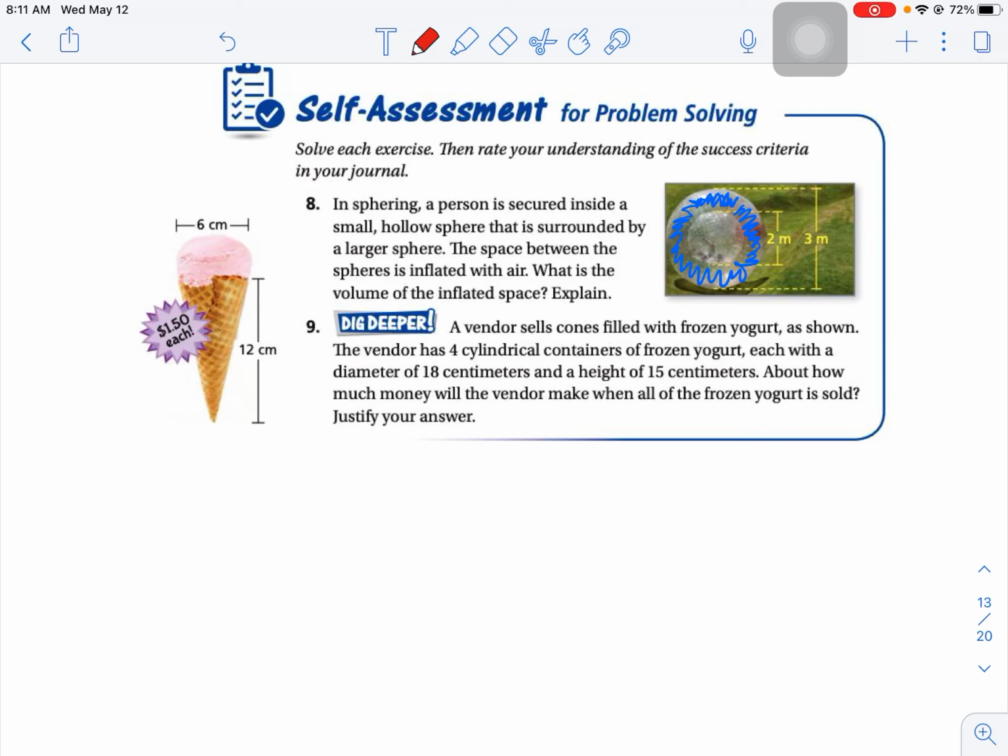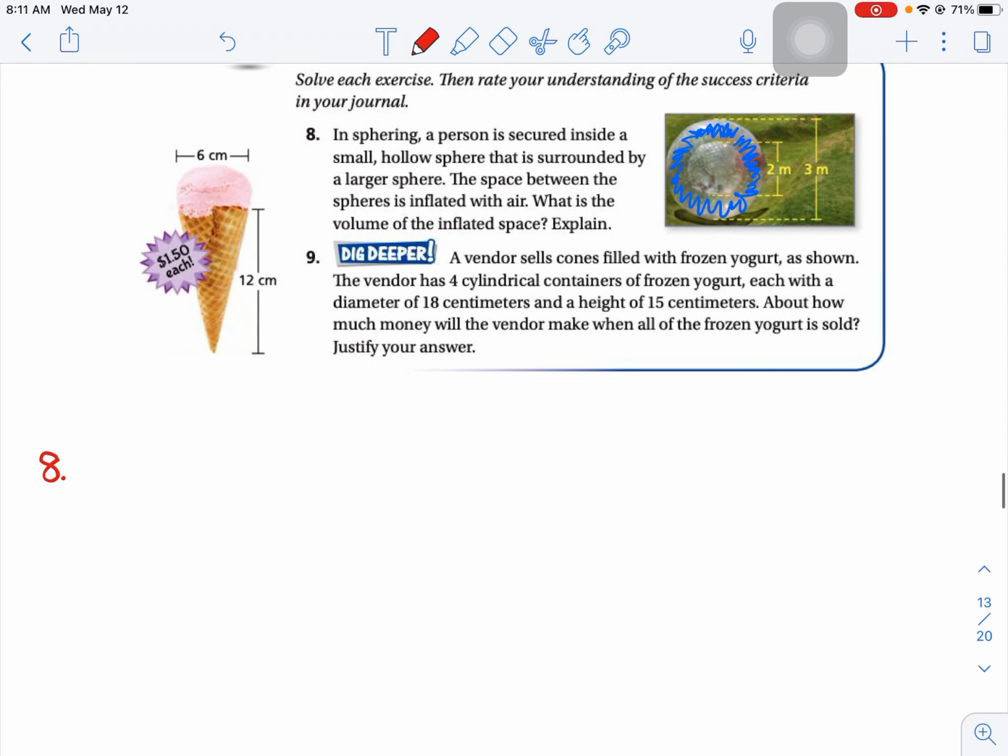All right, number 8 says, in sphering, a person is secured inside a small hollow sphere that is surrounded by a larger sphere. The space between the spheres is inflated with air. What is the volume of the inflated space? Explain. We're going to want to figure out the large sphere and the small sphere, and then find the difference.